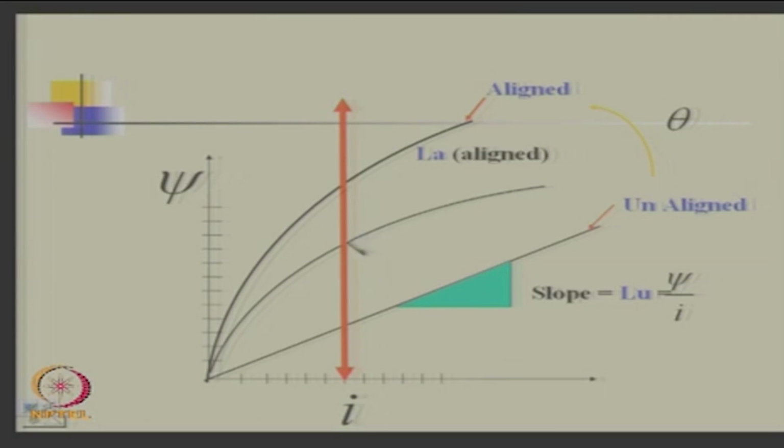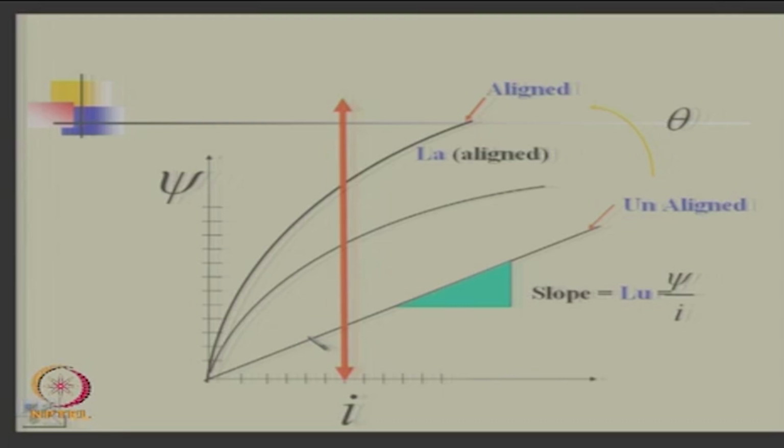Therefore, the stored energy or co-energy will be increasing. Here the co-energy will be like this, and then like this. What you see here is an increase in co-energy with theta.